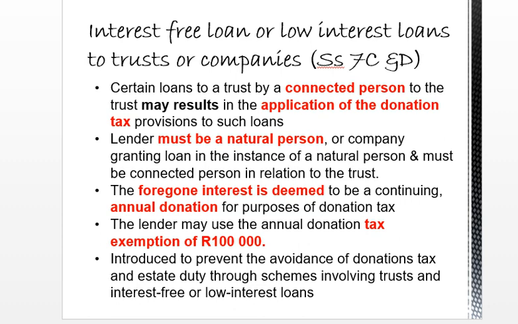Okay, and just take note that the lender may use the annual donation tax exemption of 100,000 rand. So when we deal with exemptions a bit later, we'll understand that.